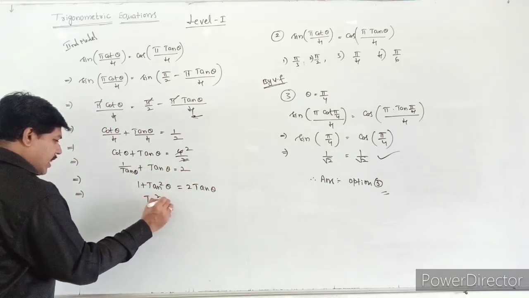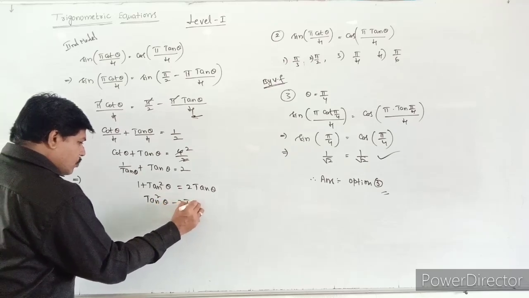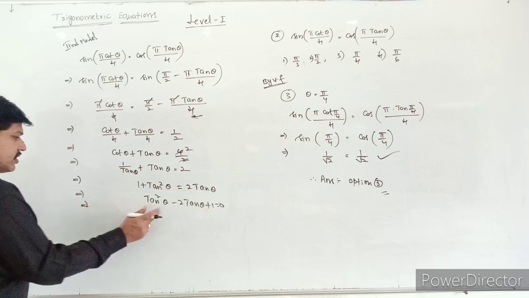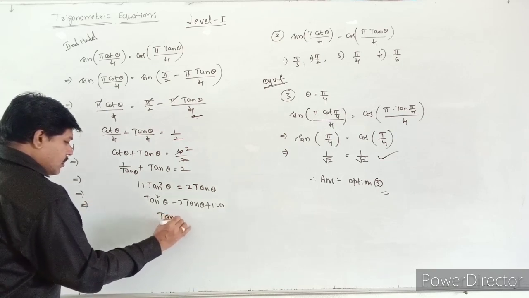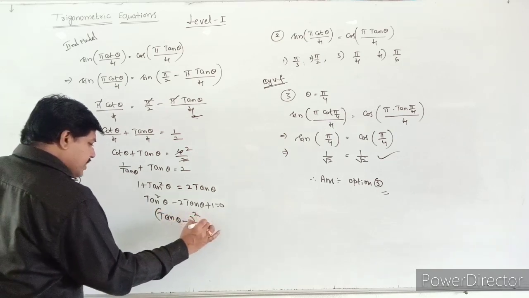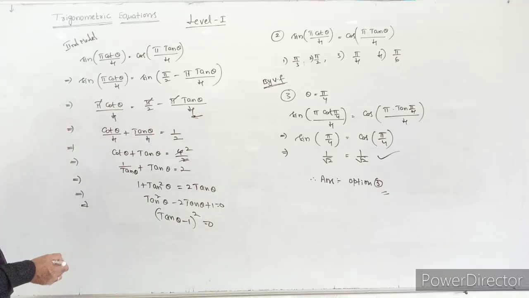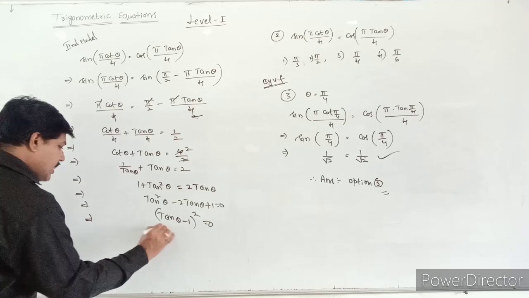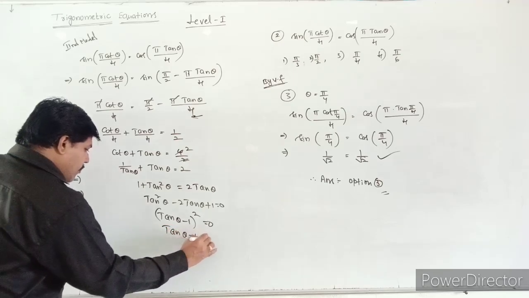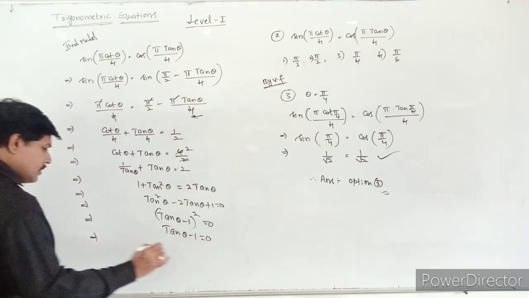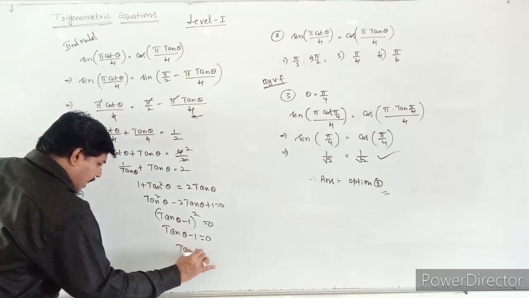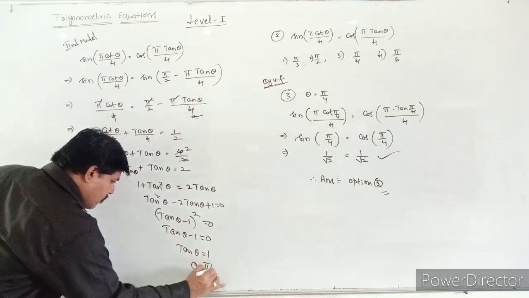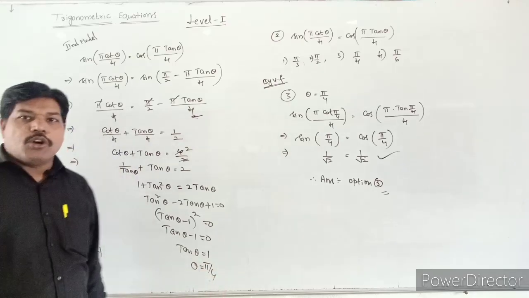So tan square theta minus 2 tan theta plus 1 is equal to 0. So what is this equation, students? Tan theta minus 1 whole square is equal to 0. That implies tan theta minus 1 is equal to 0. That implies tan theta is equal to 1. That implies theta is equal to pi by 4.